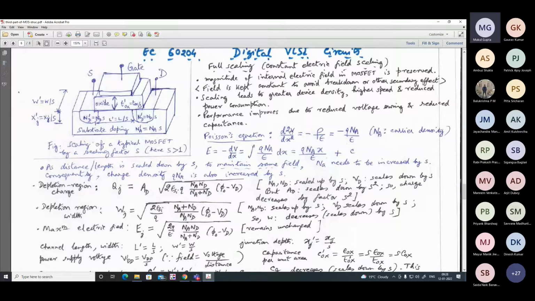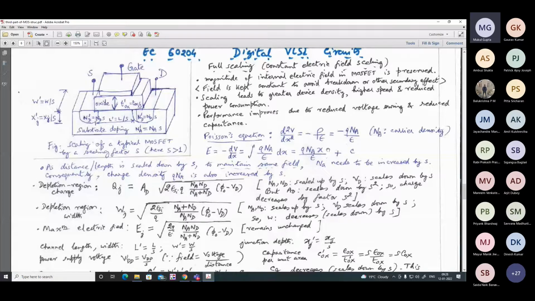Now, if you integrate it, E equals minus dV by dx, you get this form: q Na x by epsilon. Obviously, as x will be replaced by x by s, and as you want E to be the same, q you cannot change, epsilon you cannot change, but Na you can change. So you need to increase the doping density by a factor of s.